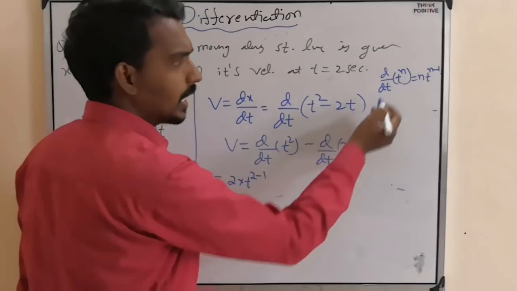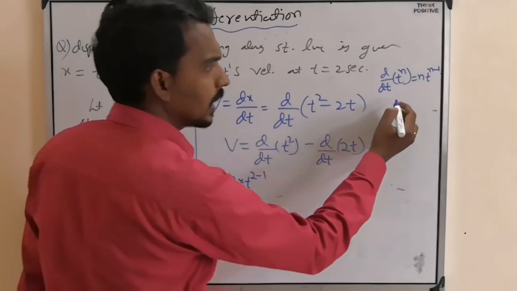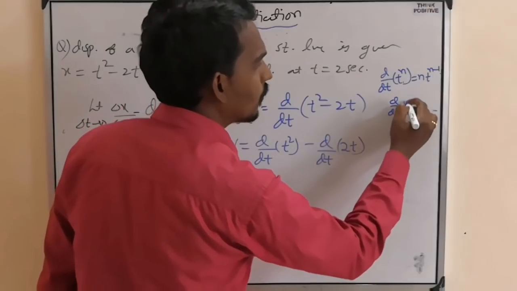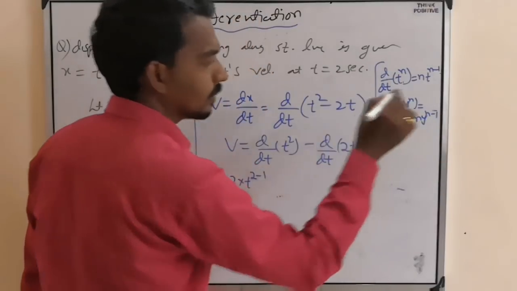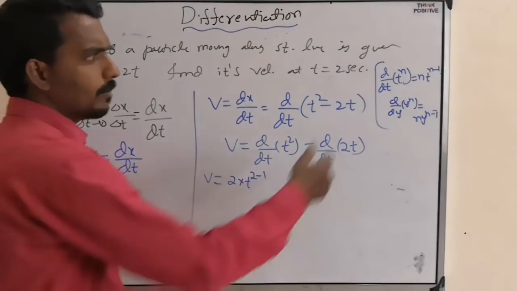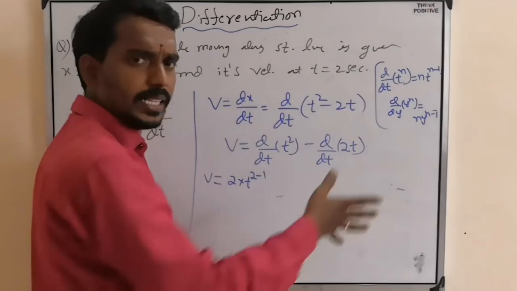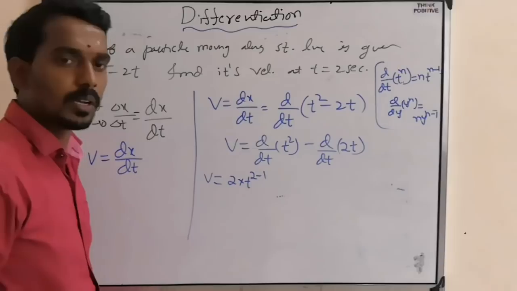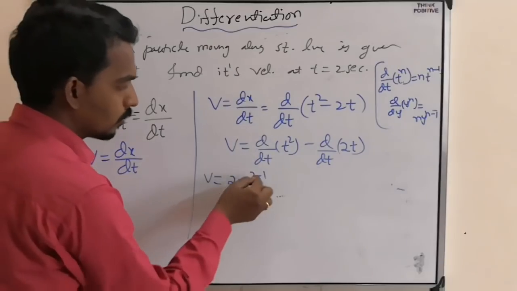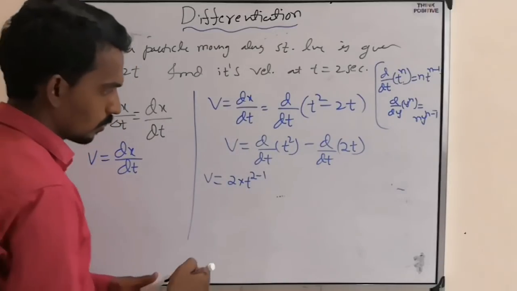It can be x, it can be t, it can be y. Like d by dy of y power n, you can write it as n into y power n minus 1. So the variable can be x, t, y, z, anything, but the formula is the same. Power into power reduces by 1.